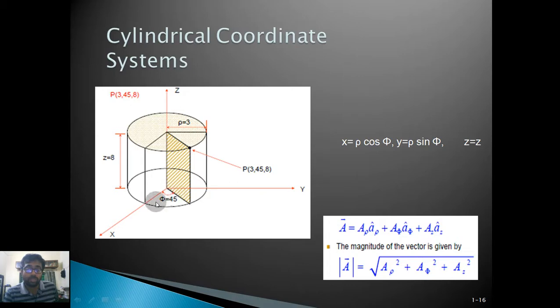This is along the x axis, so the component of rho, we have already described, is a suffix x equal to rho cos phi. Now if we consider the vector a phi, which is along this line, one thing we need to describe here is that the z axis is along this way.